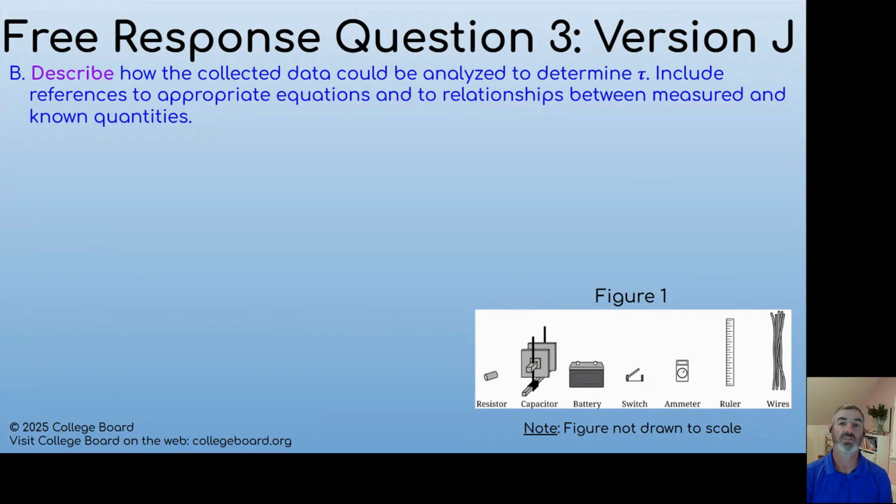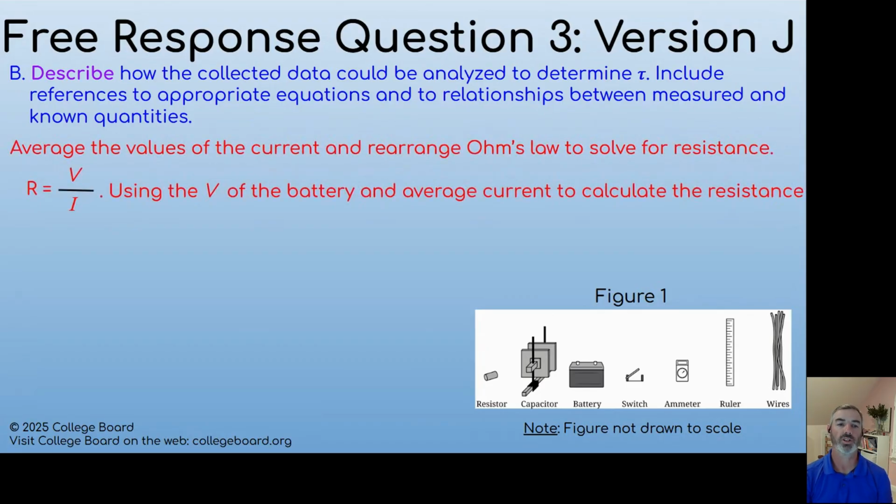Part B asks us to describe how the collected data could be used to analyze and determine tau, the time constant. And we want to include references to an appropriate equation or relationships, measured and known quantities. So first off, we're going to rearrange Ohm's law to solve for resistance after we average all the values of the currents.